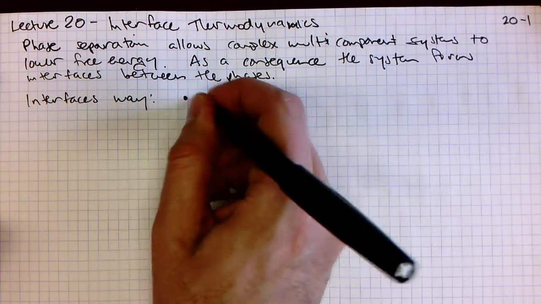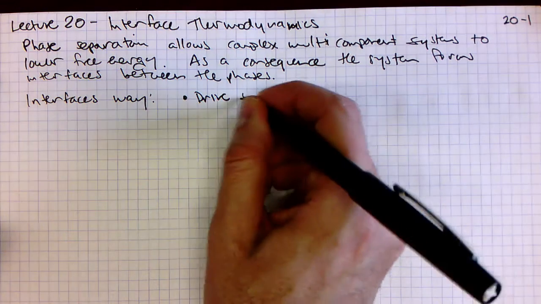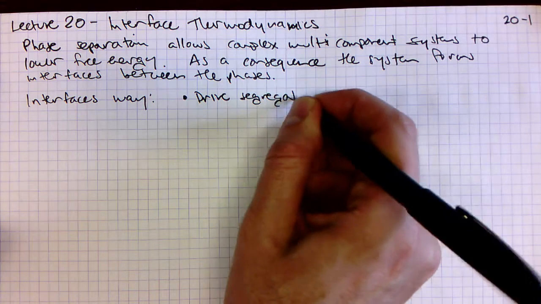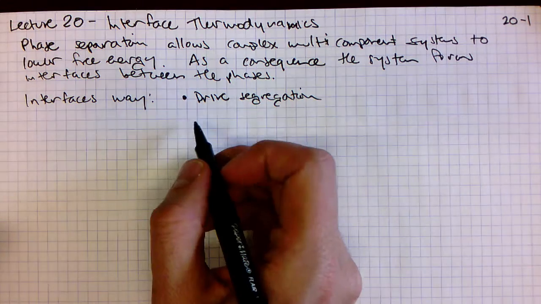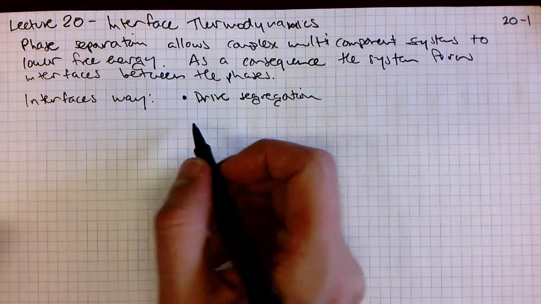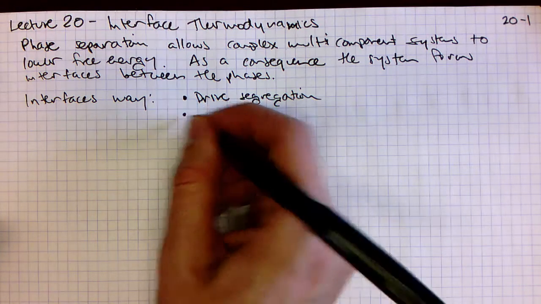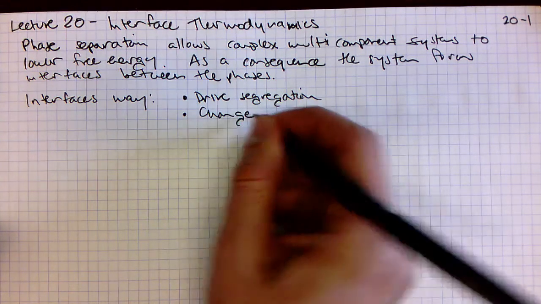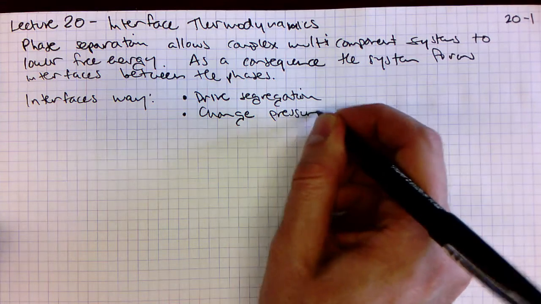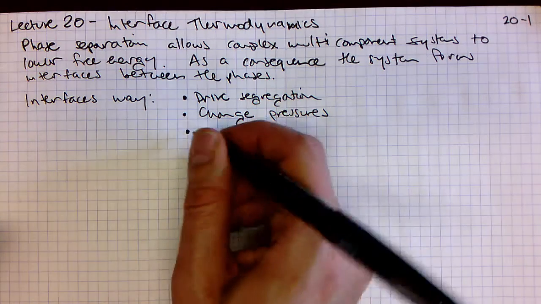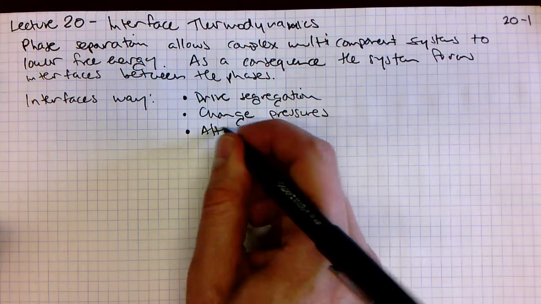So they may drive segregation. That is, certain components may segregate to the boundary. They can change pressures in the system. They can alter melting temperatures.